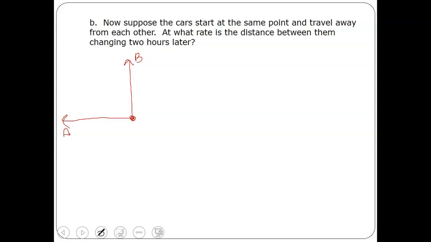A lot. So if car A is traveling 50 miles per hour, 2 hours later, how far away is car A? 100 miles. If car B is traveling 60 miles per hour, 2 hours later, it is 120 miles. And the distance between them?